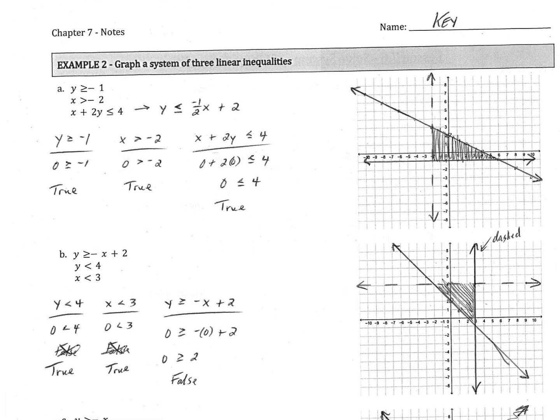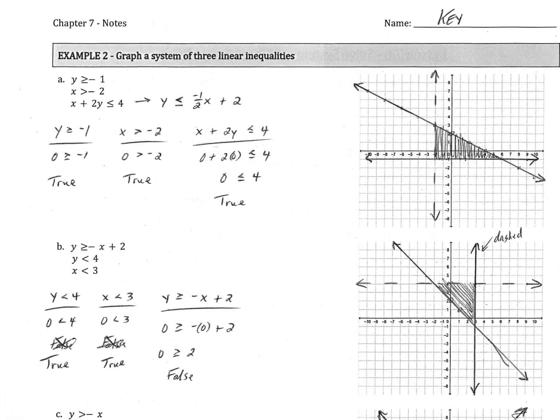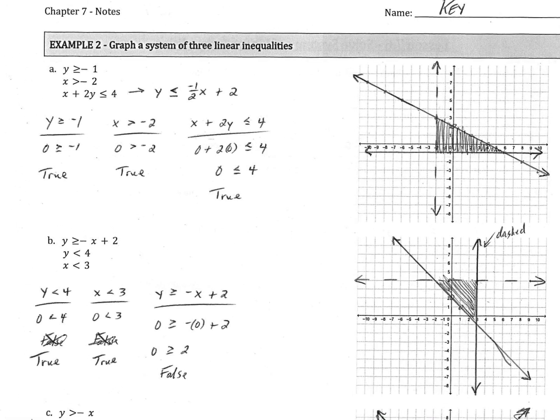There's a few examples on here about a system of 3 inequalities. I'm going to go through these quickly. I'm not as concerned about you being able to graph 3 of them, but it's still good to know that you can do it. This first inequality is highlighted in blue.